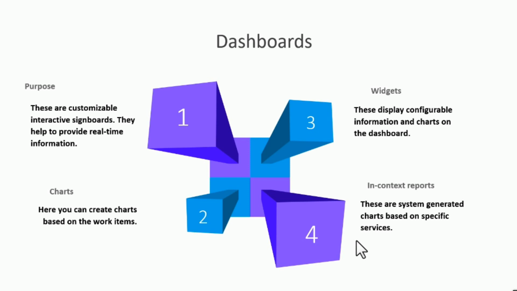Dashboard. Using dashboards, there are certain things that you can achieve. This is a customizable interactive signboard that can help with real-time information. Second one is charts. Here you can create charts based on your work items. Third one is widgets. These display configurable charts on the dashboard. And fourth one is system-generated charts based on the services.